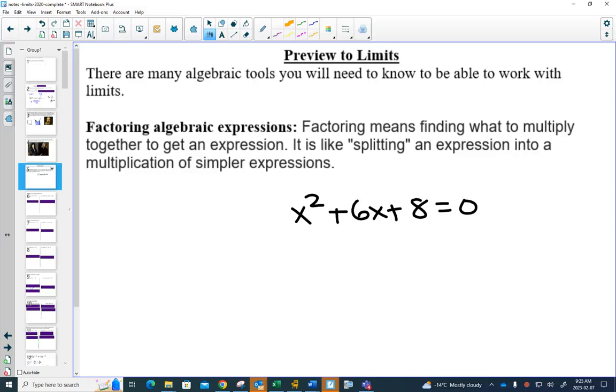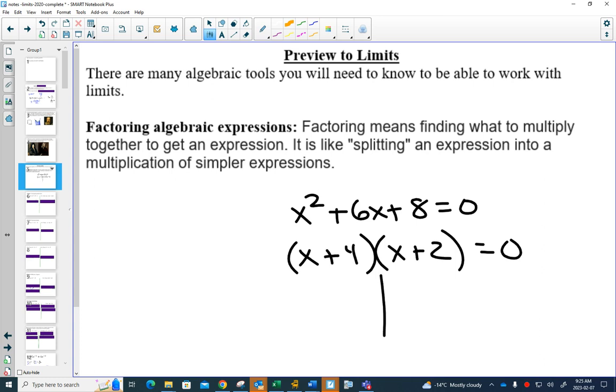What factoring does is change adding and subtracting to multiplying. And as soon as you change it to multiplying, if I tell you two numbers that multiply to equal 0, mathematically, you know what one of those numbers has to be.